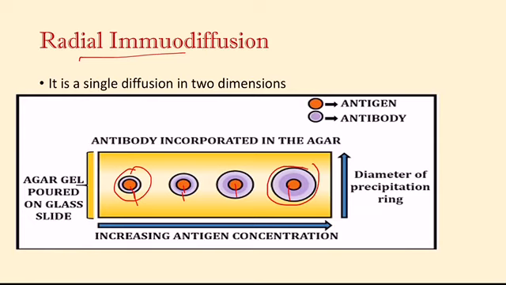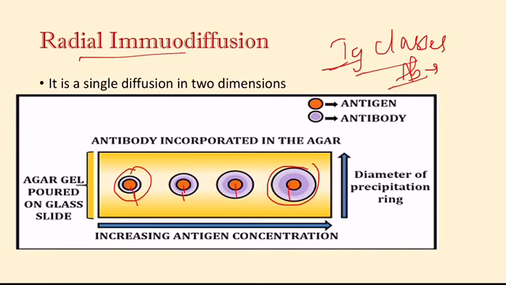So the diameter of the ring is directly proportional to the concentration of antigen. This method is used for the estimation of immunoglobulin classes in serum and for screening the antibodies to influenza viruses.